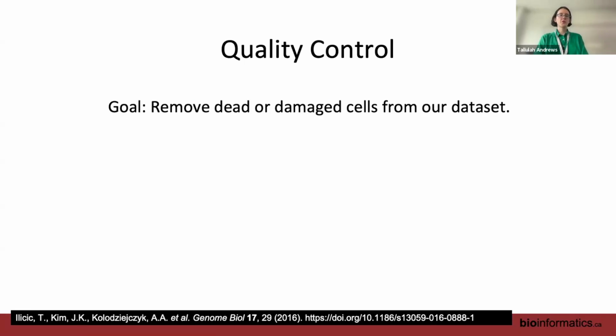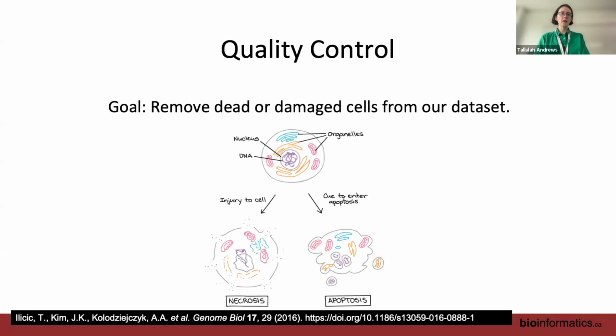So for quality control, our goal is to remove dead or damaged cells from our data set. Cells are sensitive. When we dissociate them to put them on our 10x machine, they can get damaged and die, or they might get so stressed they start committing to apoptosis and kill themselves.